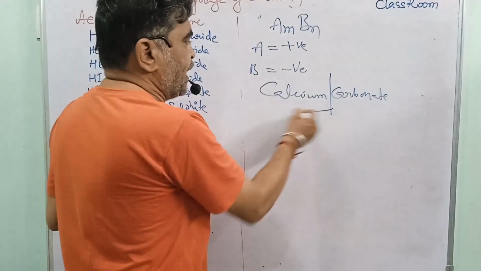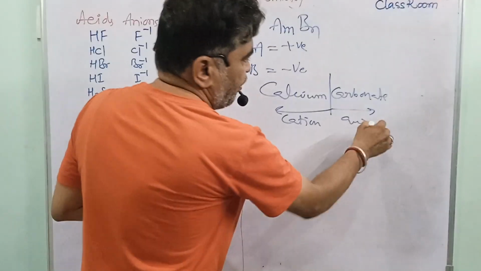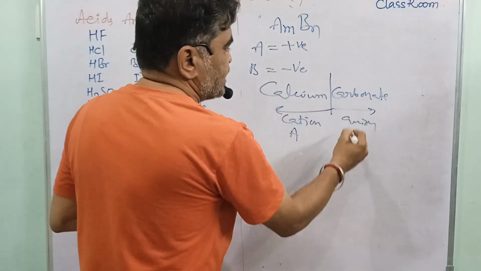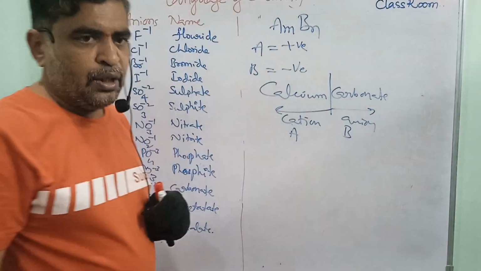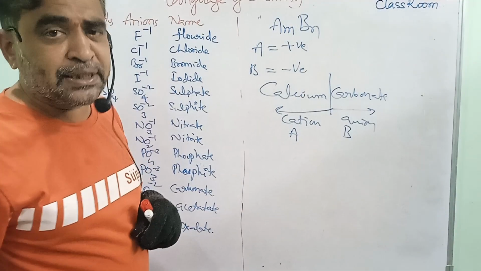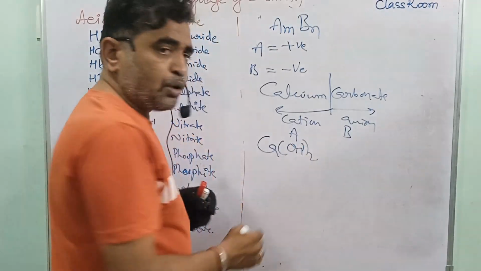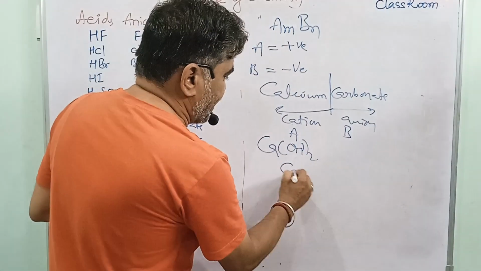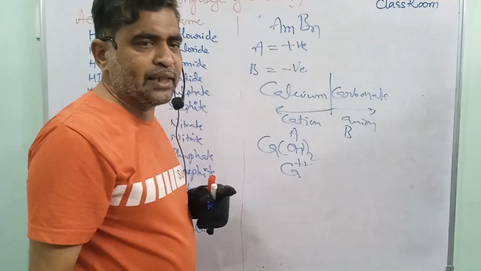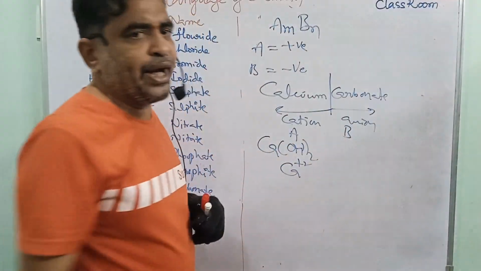Calcium indicates the cation, so it is A, and carbonate indicates the anion, so it is B. Here calcium belongs to the second group, so the base is calcium hydroxide. From the second group, what is the cation? Ca plus 2. Why? Because here you have 2 OH minus. So calcium is getting plus 2.